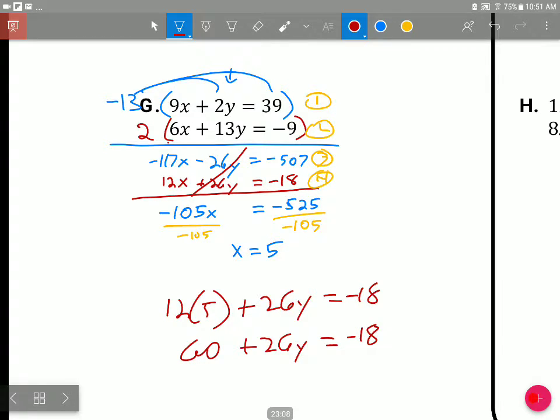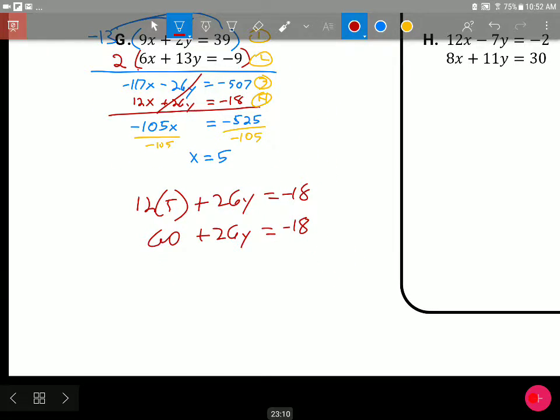All right, so what are you going to do to solve from there? Get the 60 on the other side. So minus 60 to cancel that. So you get 26y equals negative 60 and negative 18 make negative 78. All right, and then what are you going to do? Which I think the answer is negative 3.